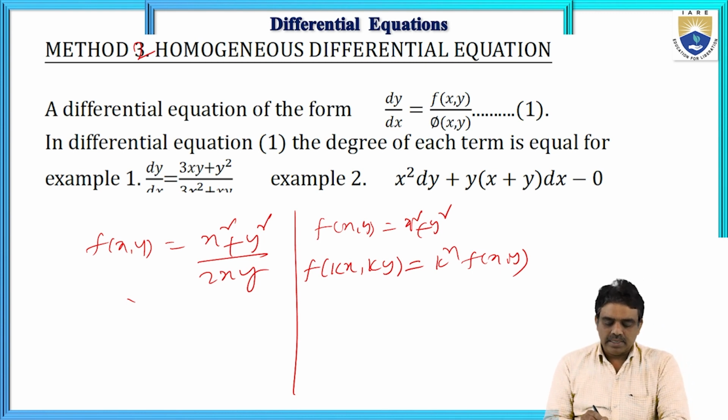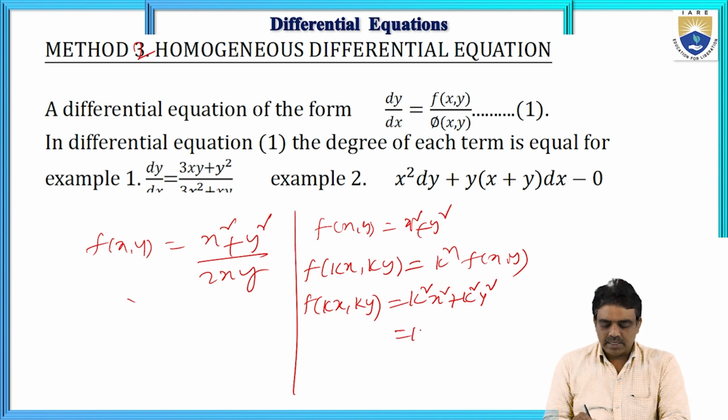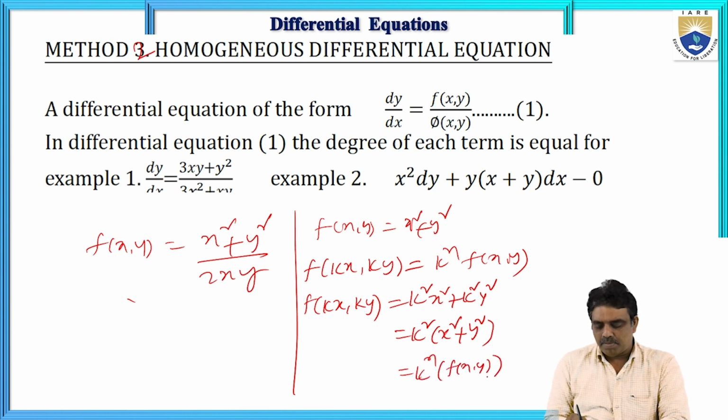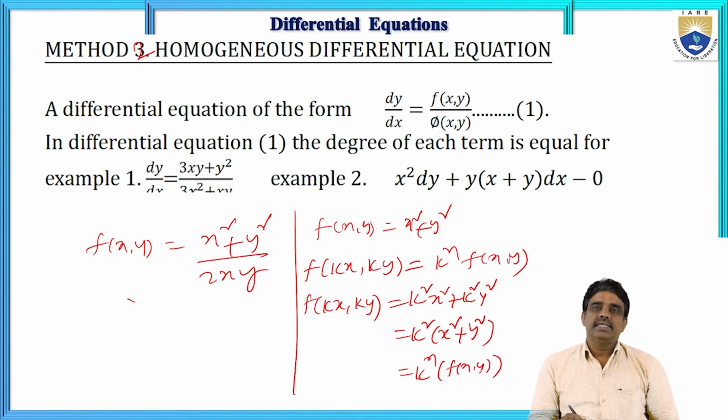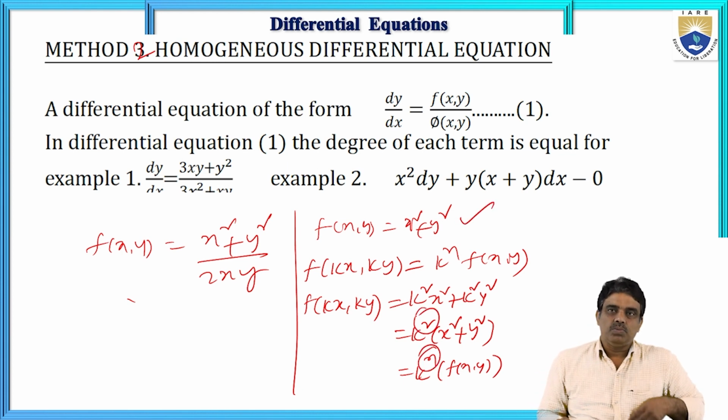So for this f of x, y, I am writing kx for x and ky for y. Then what will we get on the right side? It is k square x square plus k square y square. What is the common term? k square is the common term. It is k square into (x square plus y square). So this is in the form k power n into f of x comma y. That means it is a homogeneous function of degree n. Here n is 2.